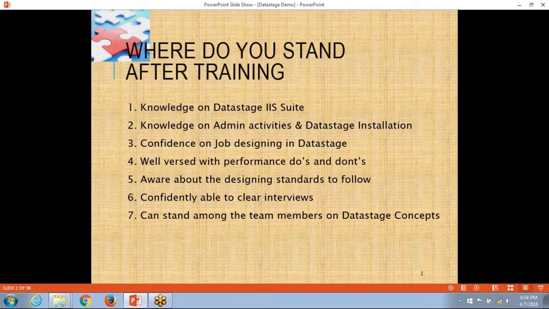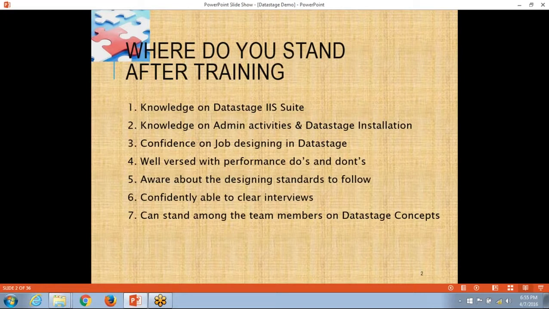Additionally, because we are learning how to design DataStage jobs in parallel and in Designer, you will get knowledge about what a DataStage developer does. So this training is a combo pack that teaches you how both an administrator and a developer work.